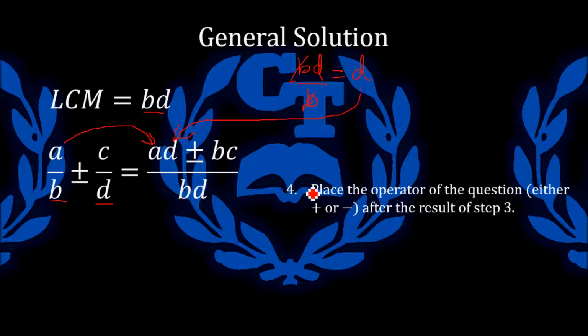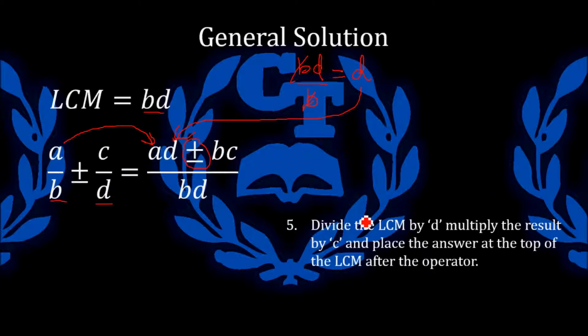Next, what you do is you place the operator. So an addition or subtraction is placed here depending on what kind of operation you're performing. And then you divide the LCM by D. Now the LCM again was BD. You divide it by D. And this result now is B. You take this B and you put it over here.